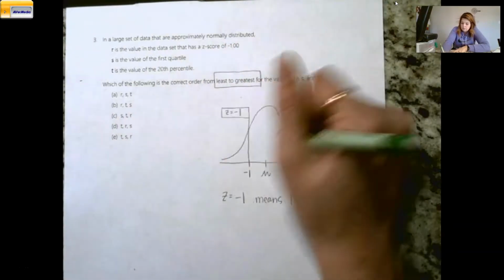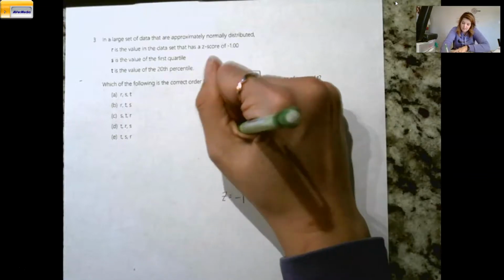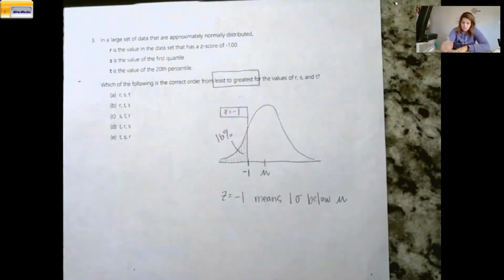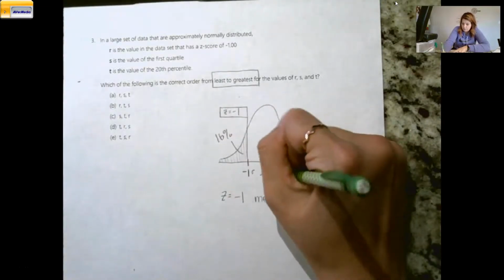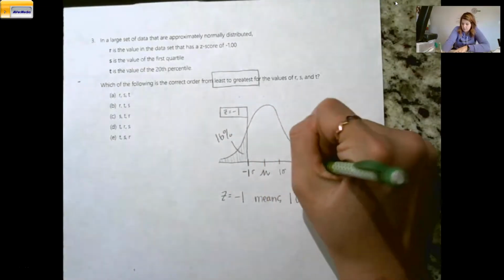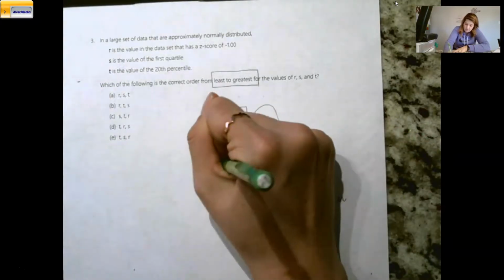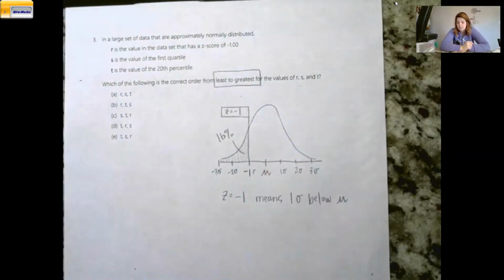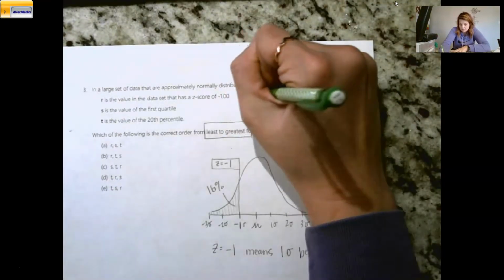If I add up this percent, hopefully we're getting to the point where we're memorizing that's 16%. So -1 sigma, 1 sigma, 2 sigma, 3 sigma, -2 sigma, -3 sigma. You would add up the percents. So what that means is that this is the 16th percentile.